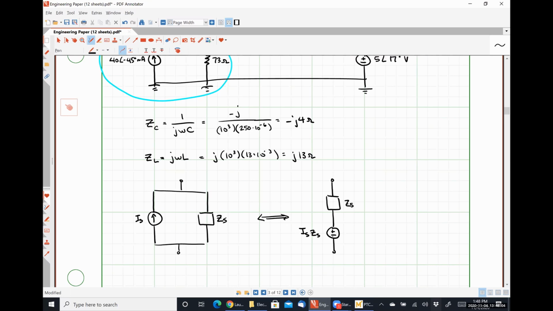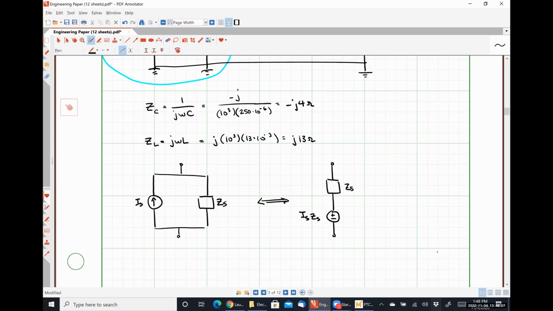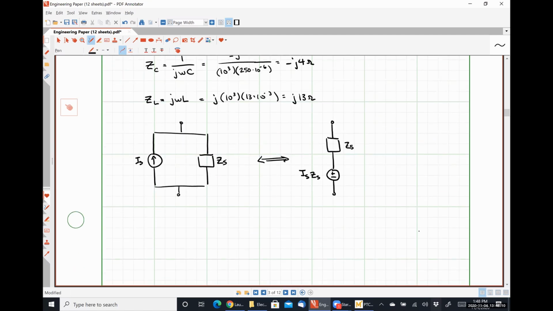And I would like you guys to notice that the head of the arrow corresponds to the positive polarity terminal of the voltage source. If, and we're not going to do it on this particular problem, but if I wanted to go the other way, meaning I had a practical voltage source that I wanted to convert to a practical current source, that does not remotely look like a V. The rules for that are my impedance ZS stays the same, and this current will be my voltage divided by my impedance ZS.